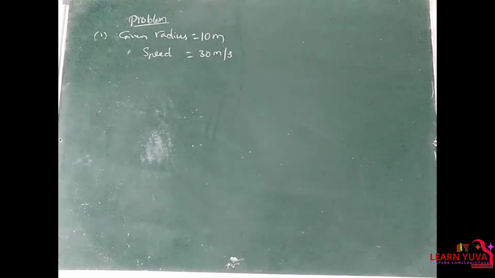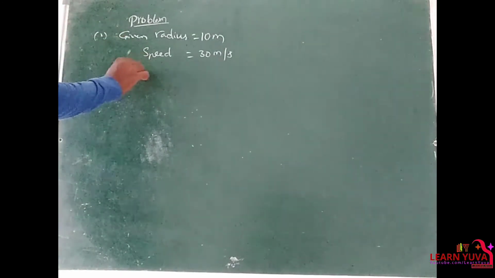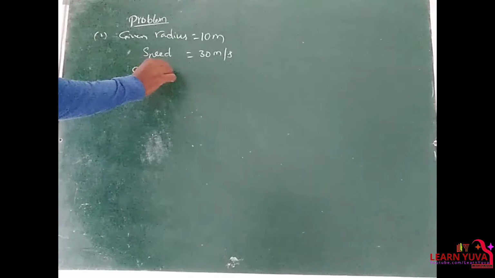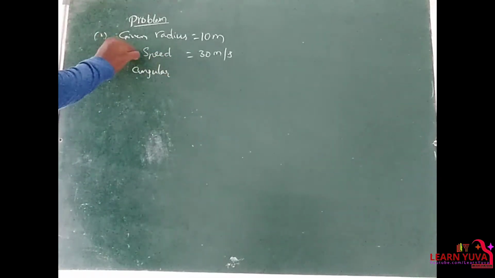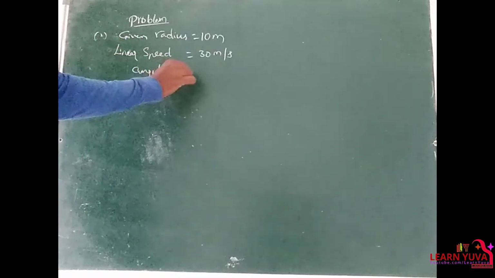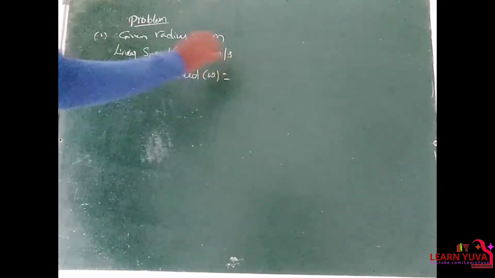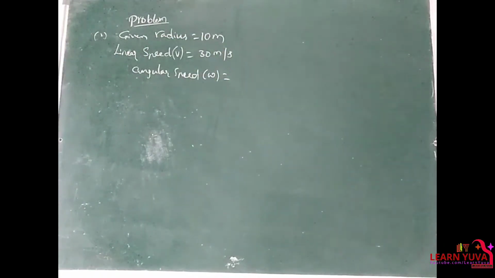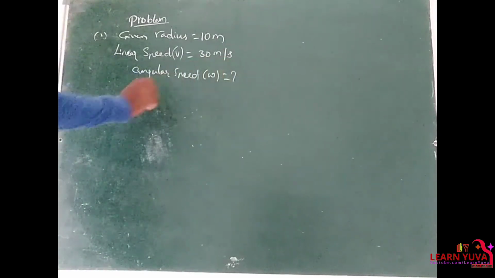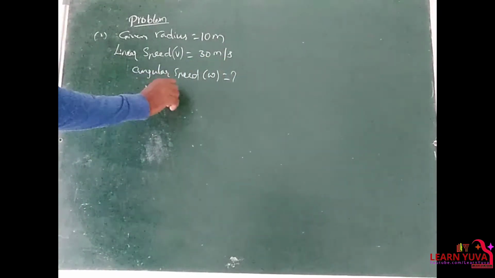What will be the angular speed? Angular speed, it is linear speed. Omega is equal to... So we have the relation V is equal to R omega.